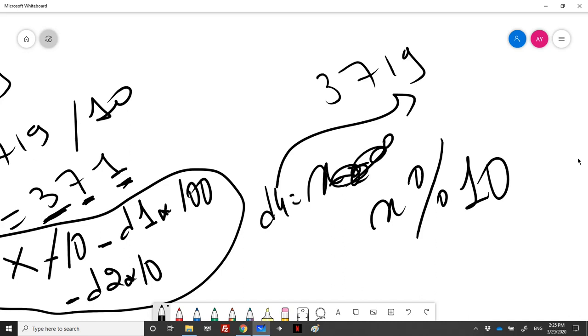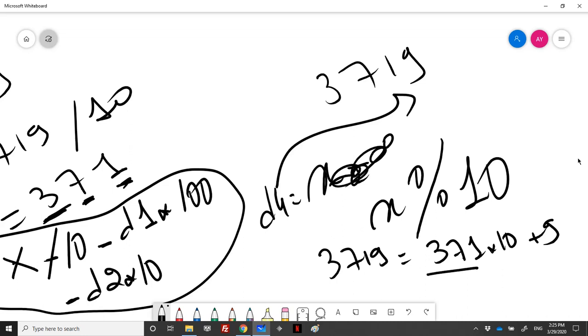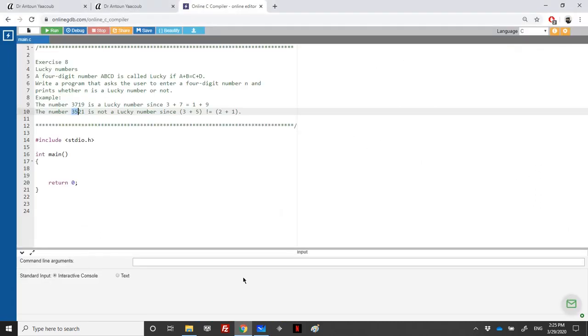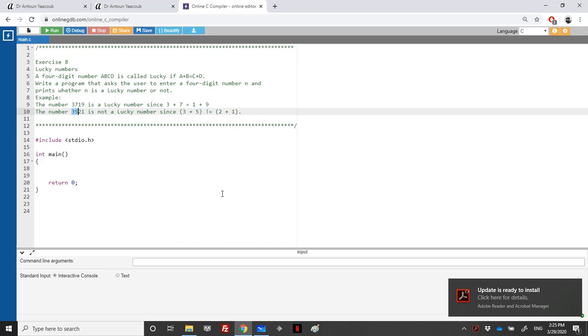If we divide x by 10, 3719 is equal to 371 multiple 10 plus 9. So this is the quotient and this is the remainder, which is D4. So we will solve it this way. On the internet, you can find another solution on my website, a variation of this solution.